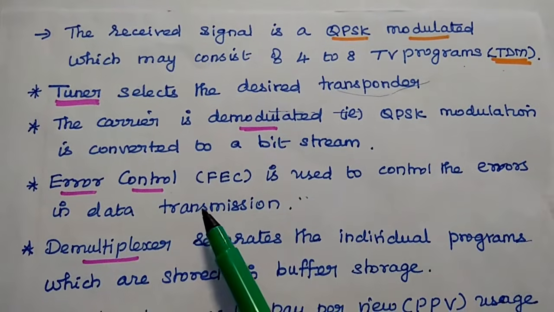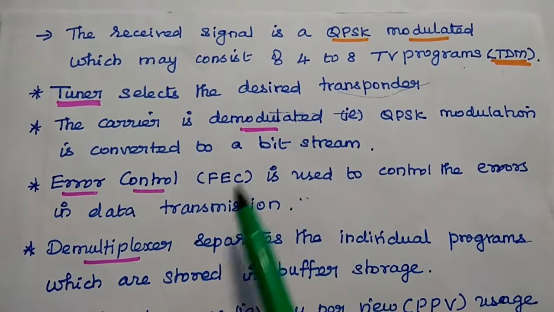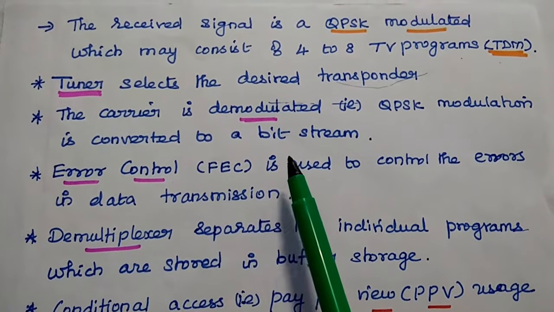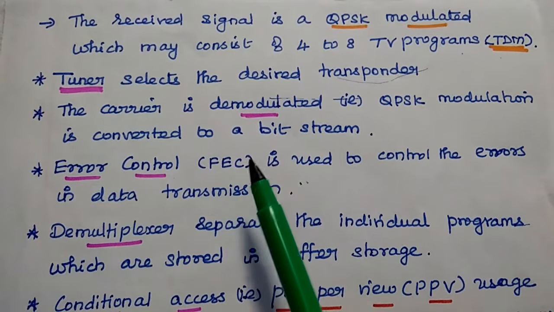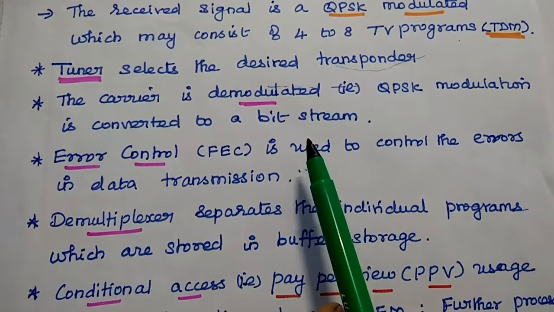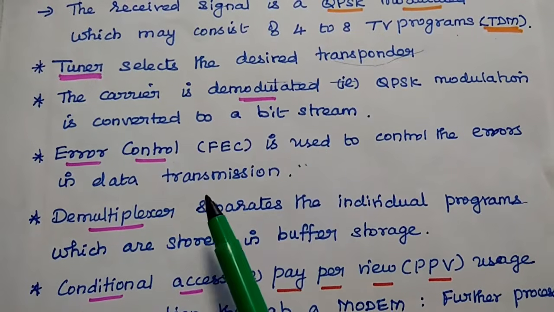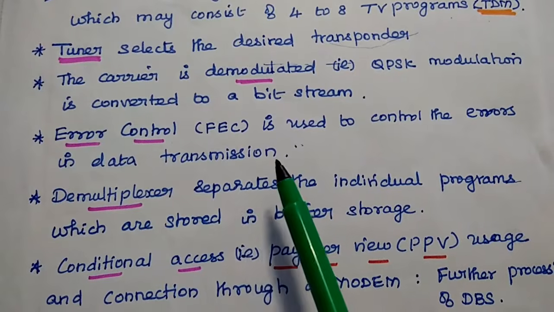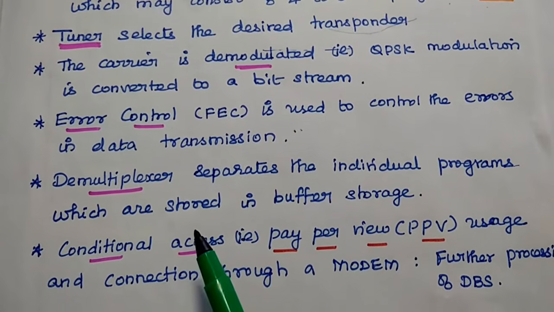Then the carrier is demodulated, that is, the QPSK modulated signal is converted into a bit stream. While converting the modulated signal into a bit stream, errors may occur. Correct? So the forward error control block is used to control the errors in data transmission.